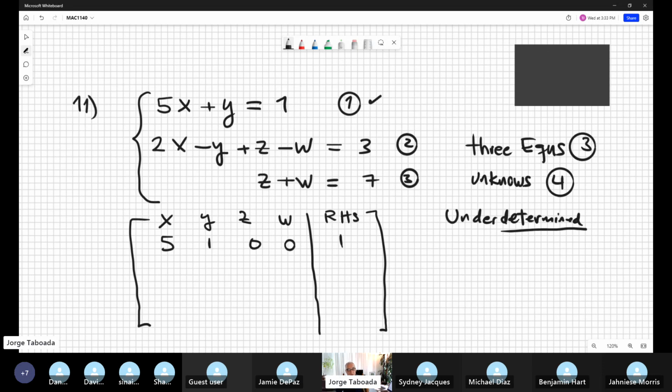This is my first equation. The second is 2, negative 1, 1, negative 1, 3. And the last one is no x, no y, 1z, 1w, and 7. This is the matrix. By the way, 3 by 5. 1, 2, 3, 1, 2, 3, 4, 5. Yeah, 3 by 5.